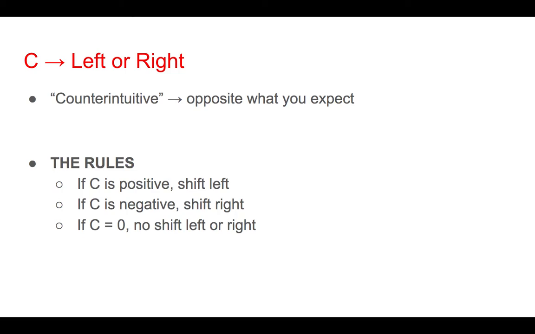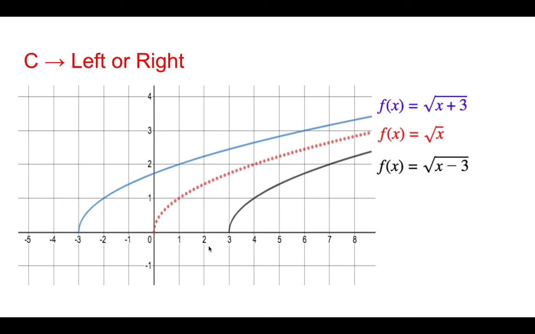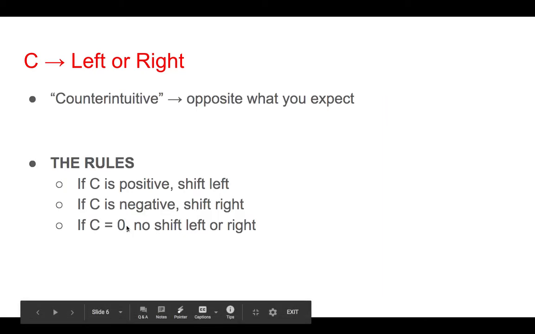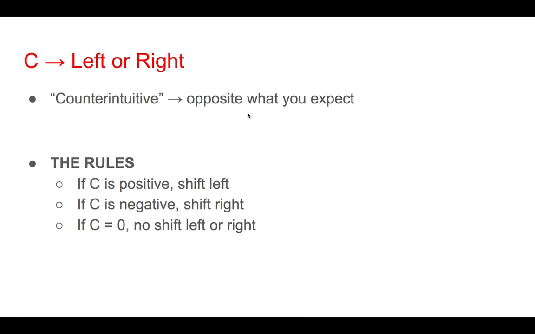If you think about a graph, positive numbers are all to the right here. Normally, positive is on the right and negative is on the left, but this is opposite, okay? So C is counterintuitive. It's opposite what you think. So if C is positive, we're actually shifting to the left, and if C is negative, we're shifting to the right.